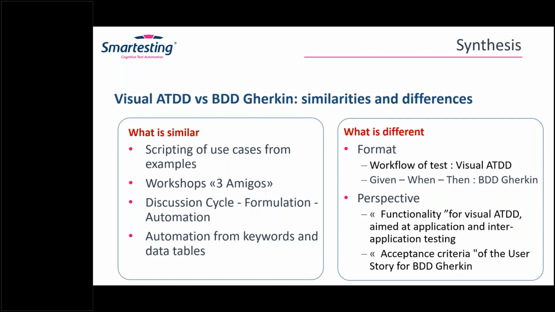The difference is the format itself: the visual representation, the workflow plus decision tables, for visual ATDD, and given, when, then for BDD. And more importantly, the perspective. When you think of end-to-end scenarios, I would recommend visual ATDD. And when you think of far more refined acceptance criteria of a user story being expressed, then BDD Gherkin could be one of them.